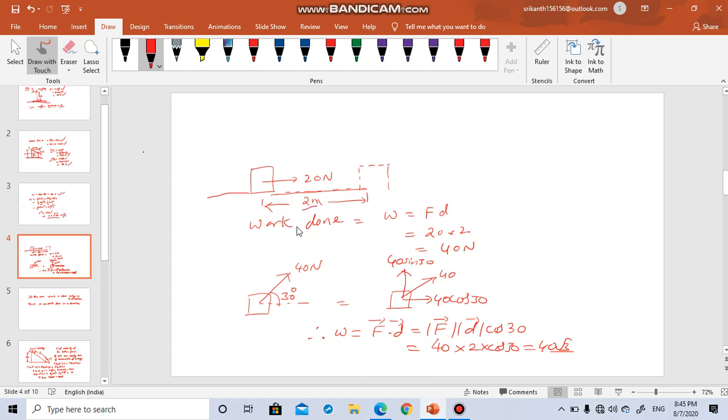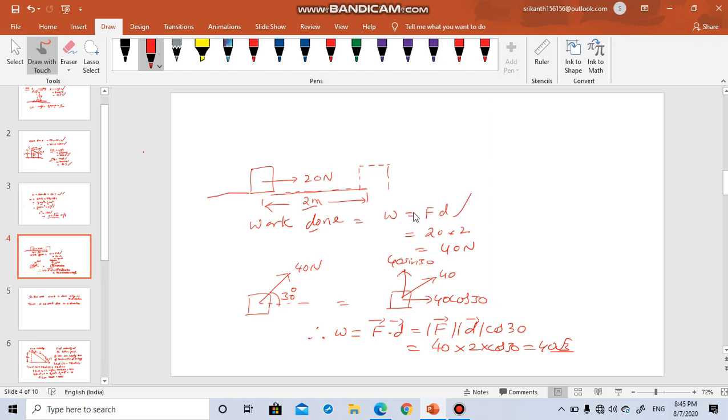So work done has another formula, which is force into displacement. This is actually the basic formula. Work is equal to force into distance. Basically, work is F dot D, the dot product of force and displacement. Here displacement is 2 meter and force is 20 newtons.